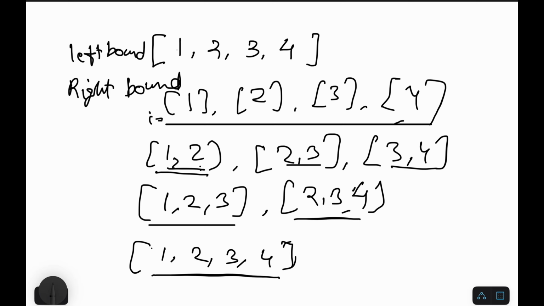If you see here, this is the left index and this is the right index. These two indexes define the boundaries of the subarray. And if we have two indices, left and right, that define the boundaries, we can name it a window as well.